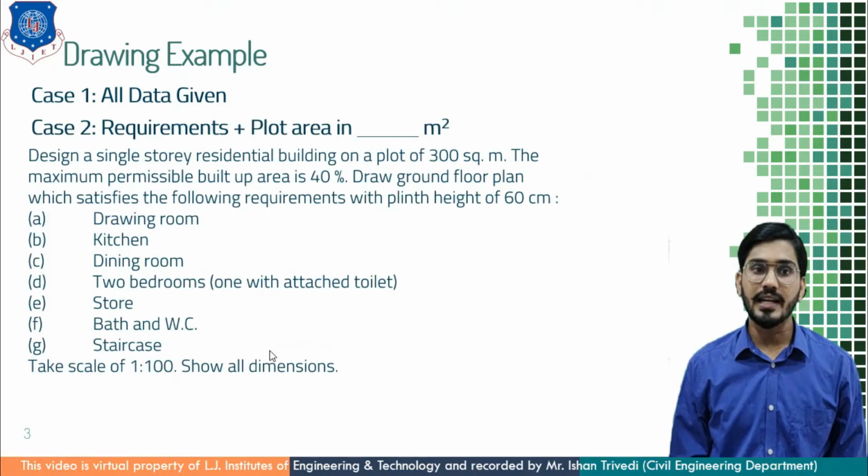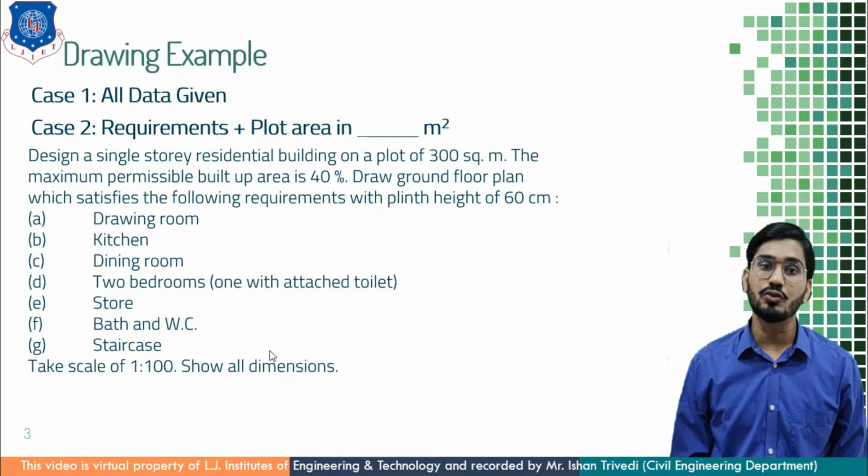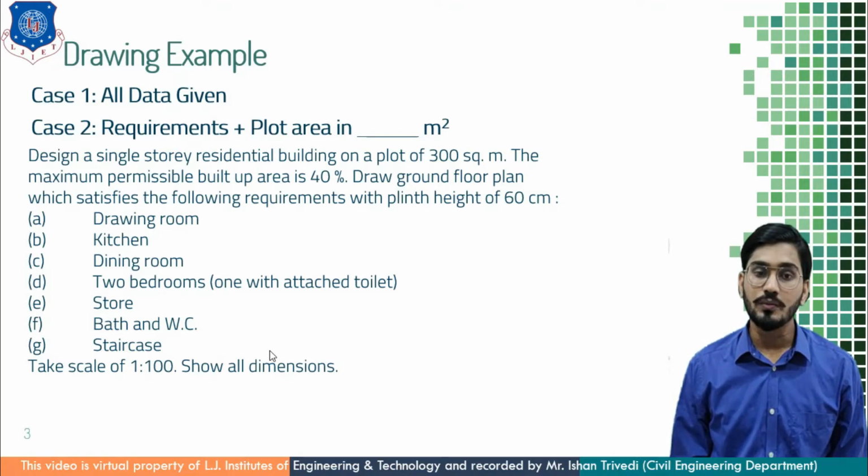Second, there are some requirements that you have to draw: a drawing room, kitchen, bedroom, a number of bedrooms with attached toilets, separate toilets, with the residential built up area. Plot area is given in terms of square meters, 300 square meters, 400 square meters, but it is not given in the form of length and width dimensions, like 20 by 25 meters or 14 by 20, 14 by 19 meters.